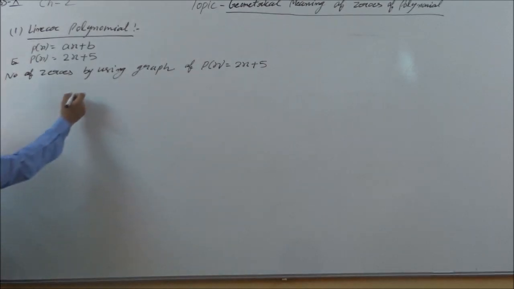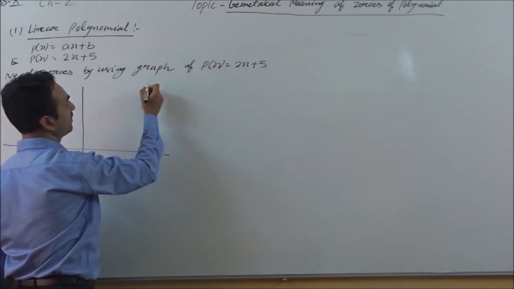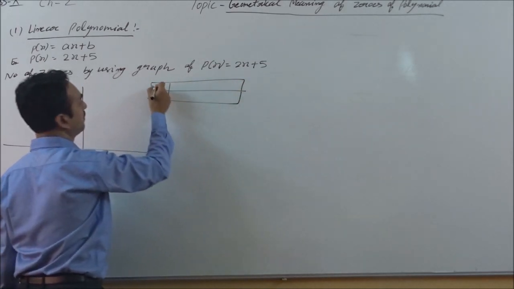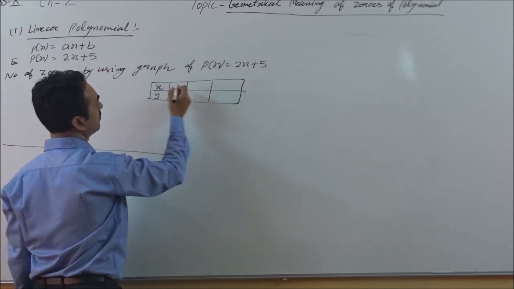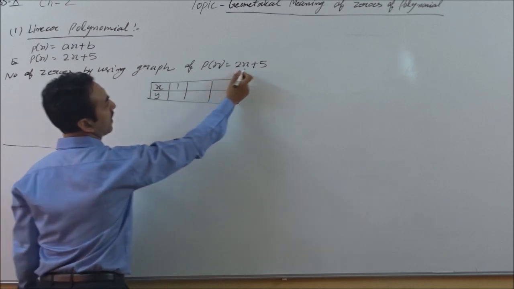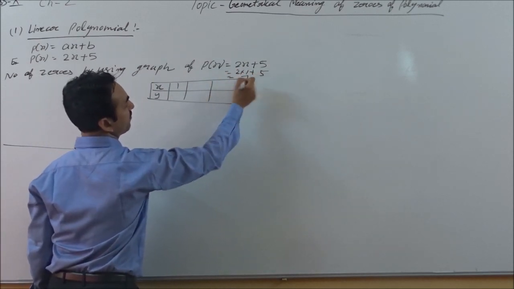In earlier classes, you learned how to make the graph of a linear equation. First of all, you have to find 3 points. Suppose you put x equals 1 here, so it will be 7.